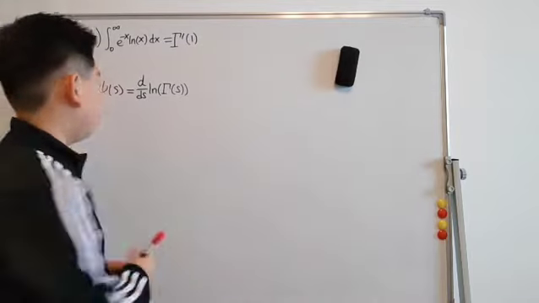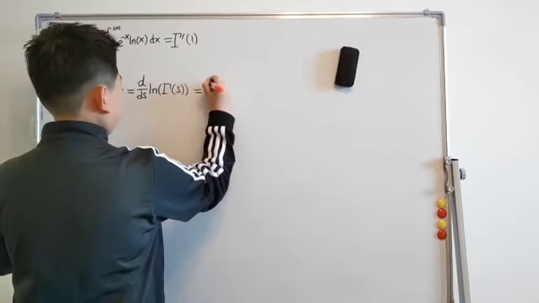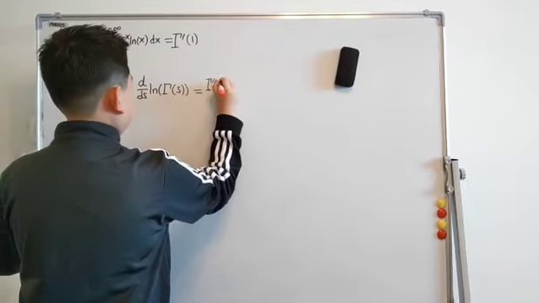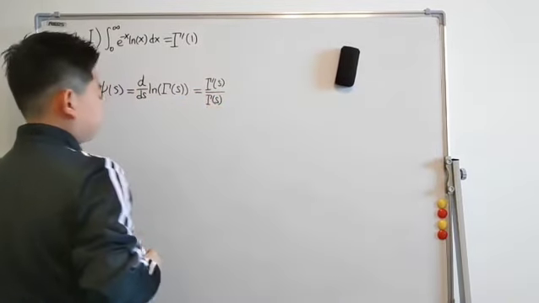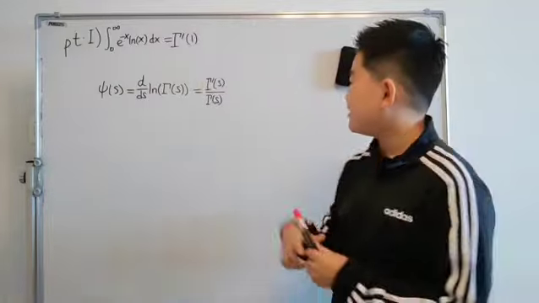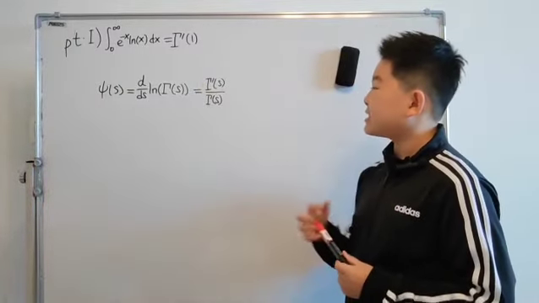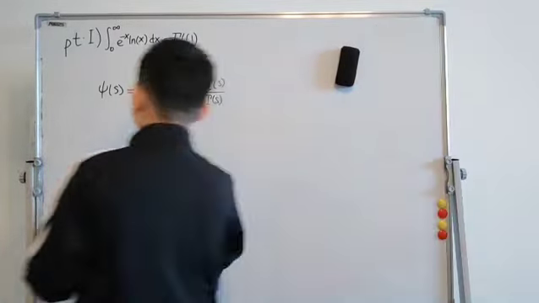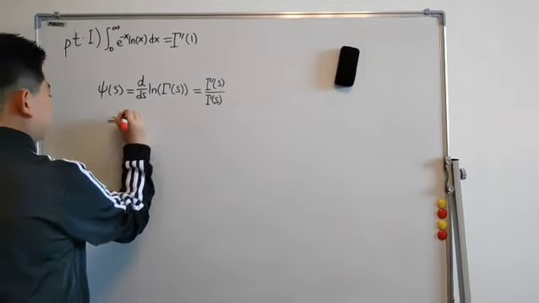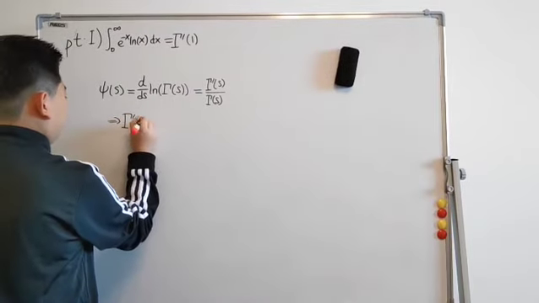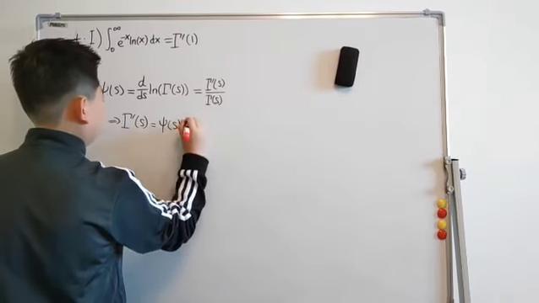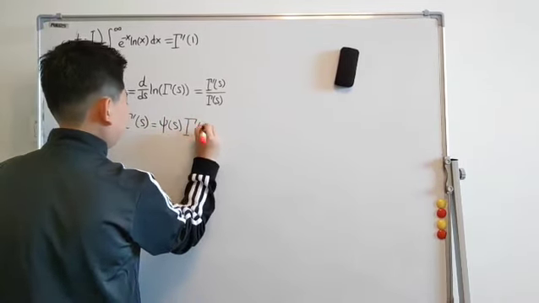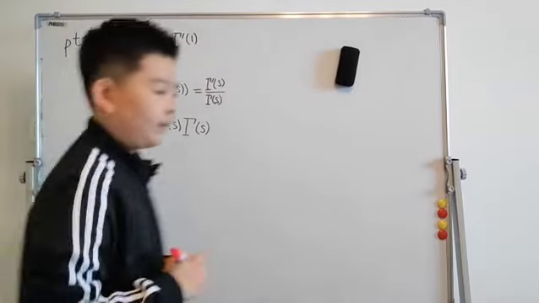And simple derivative rules using the chain rule and stuff, we have gamma prime of s over gamma of s. Okay, now multiplying both sides by this gamma of s, we will isolate this gamma prime, and we have a nice formula that says that the gamma prime of s is going to be equal to the digamma function of s multiplied by the gamma function of s.